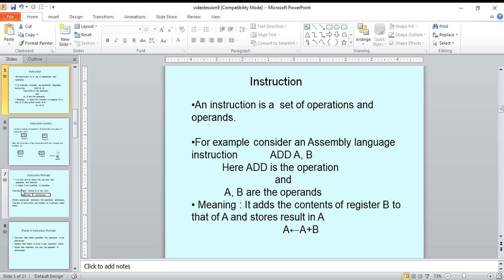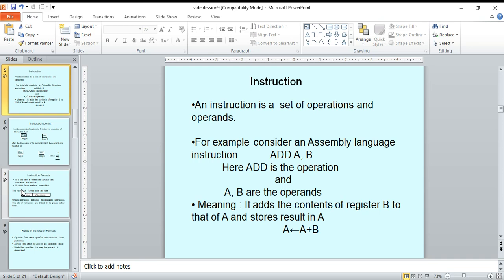I want to add two values, A and B. One value was placed in A and another value was placed in B. ADD is the instruction to perform the addition operation on the A and B values. That is the one instruction, ADD A, B.